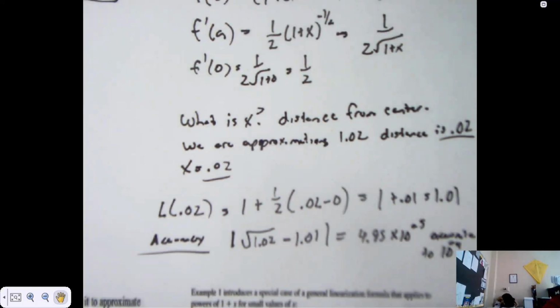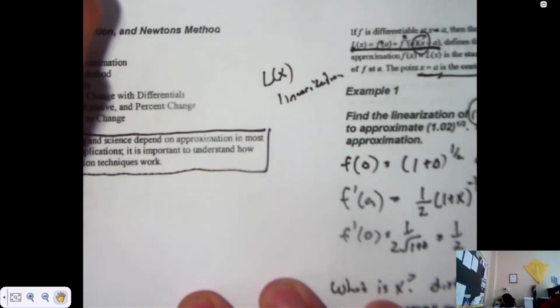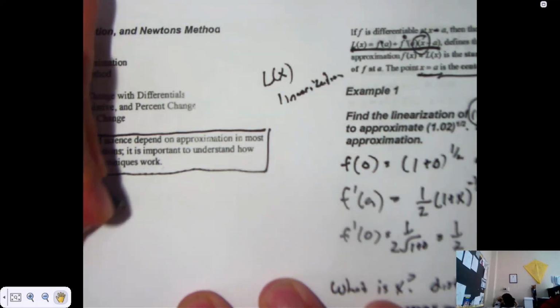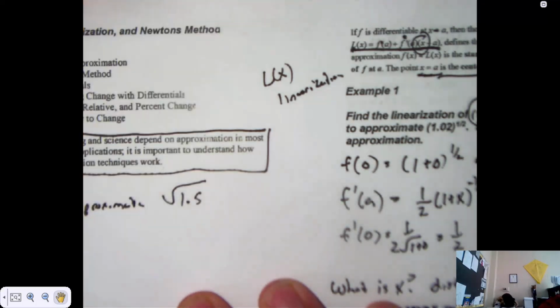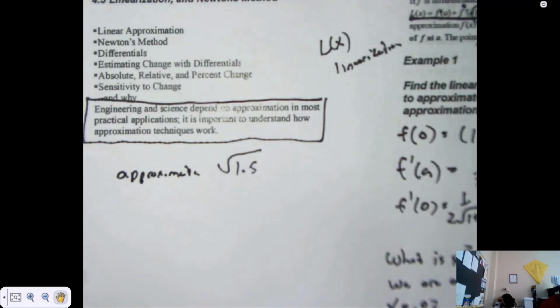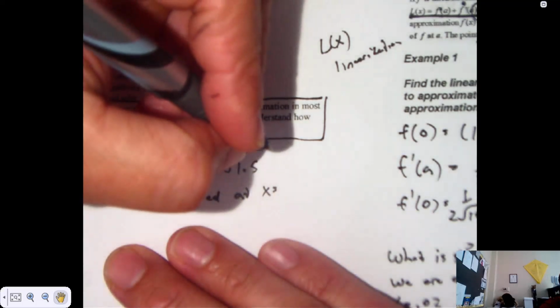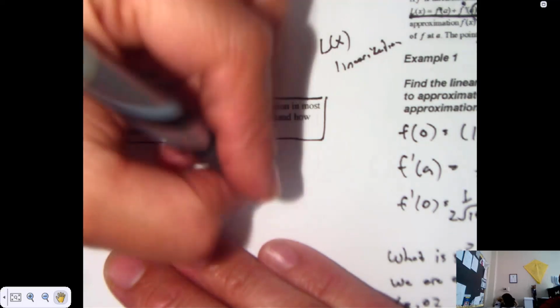I'm going to do another example of this particular problem. We're going to approximate the square root of 1.5 using the same methodology. Okay? We're still centered at x equals 0.